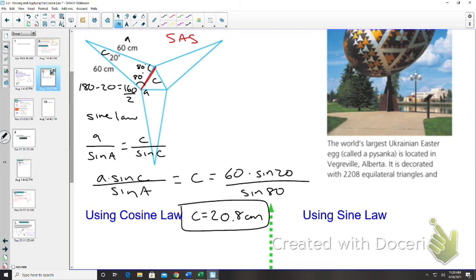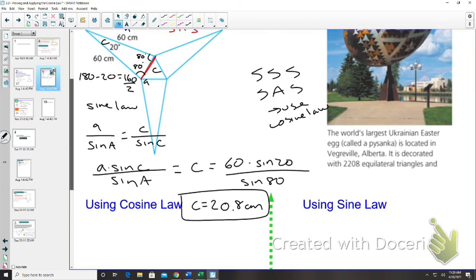If you have SSS or SAS, use cosine law. If you have a pair and one other side or one other side angle, then we use our sine law.